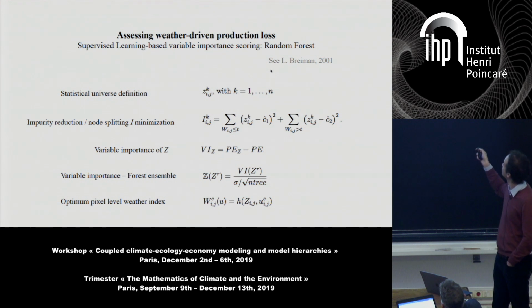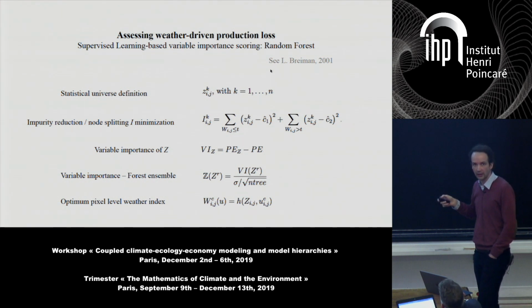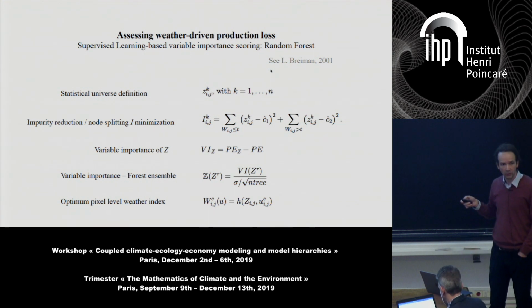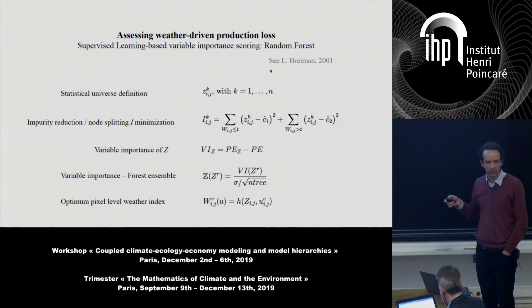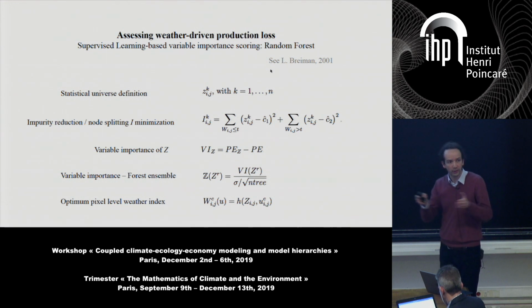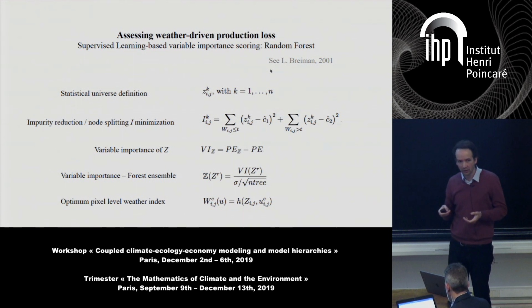This is the algorithm of random forest that was developed by Leo Breiman in 2001, where we use random forest to quantify the importance of different correlated variables. So the reason why random forest is used is to uncorrelate different collinear variables.